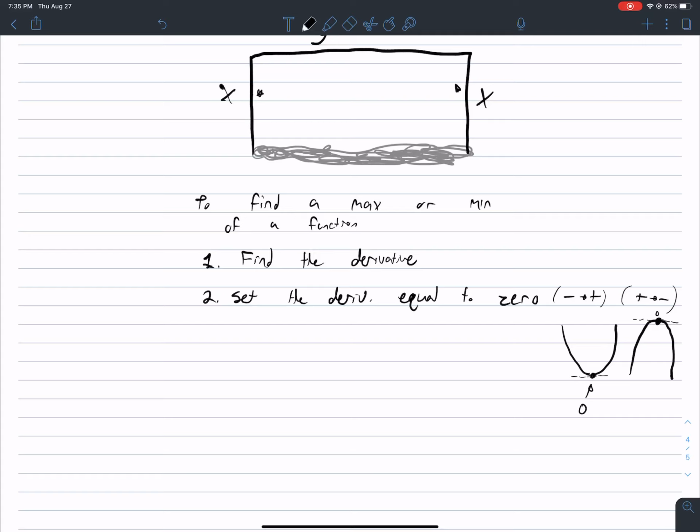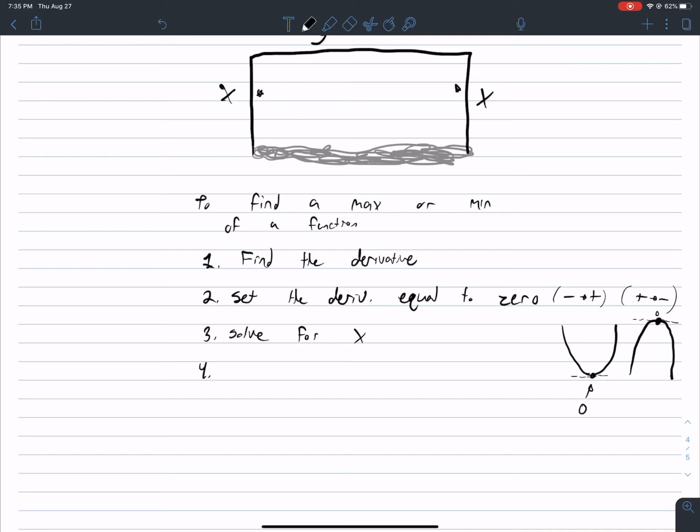Once you set the derivative equal to 0, you're going to want to solve for x, or whatever variable. Solve for x.